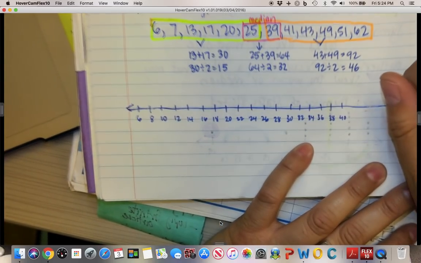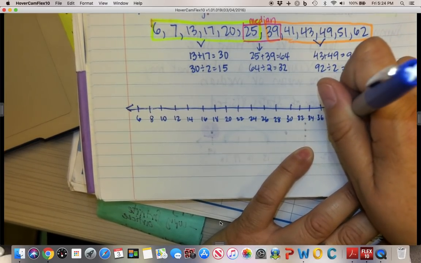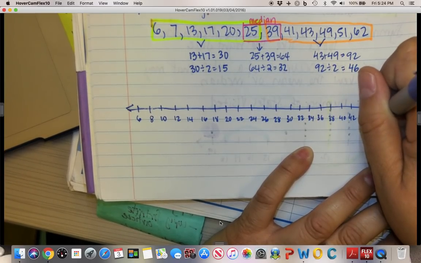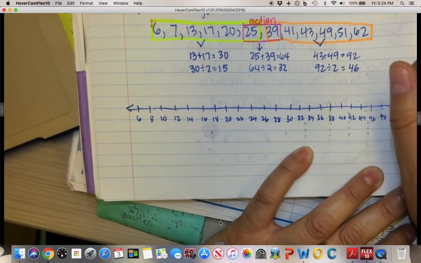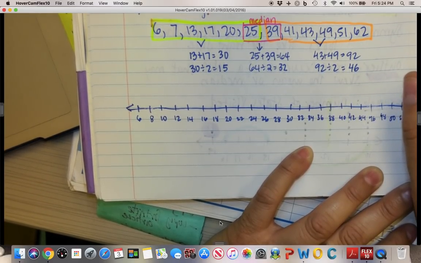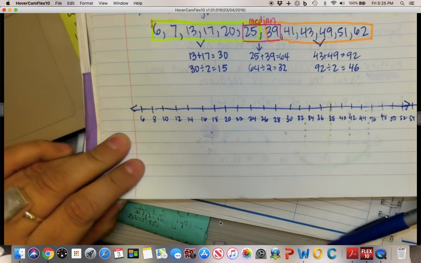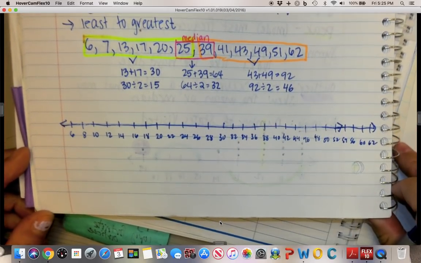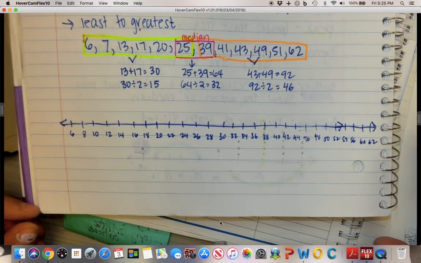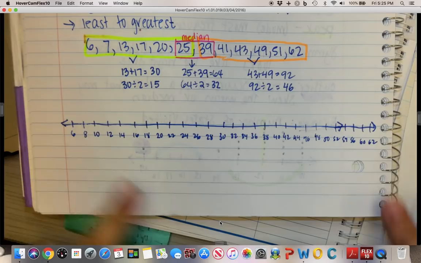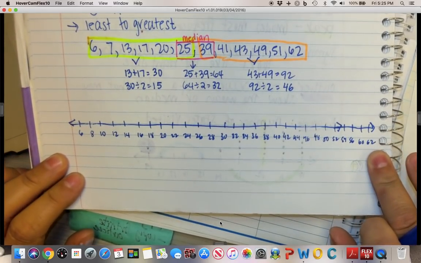Ooh, I'm going to have to move this. 42, 44, 46, 48, 50, 52, 54, 56, 60, 62. That was close. I guess I could have gone by 3s and just had 63 be my last number. That's fine. It'll fit. Okay, so now I have my number line.